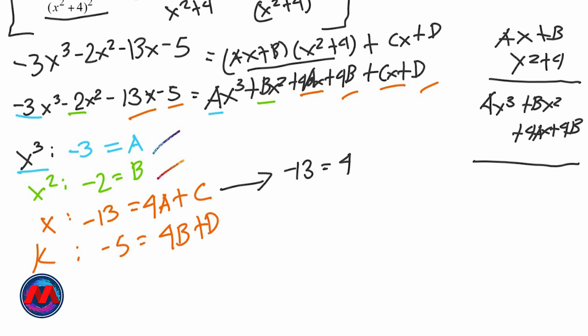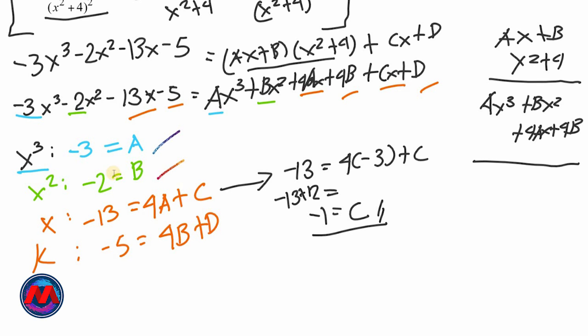Ano ba yung a? Negative 3. Negative 3 times 4 is negative 12. Transpose natin sa other side, magiging positive 12. Negative 13 plus 12, that's equal to negative 1. And c is equals to negative 1. Nakuha natin yung c.